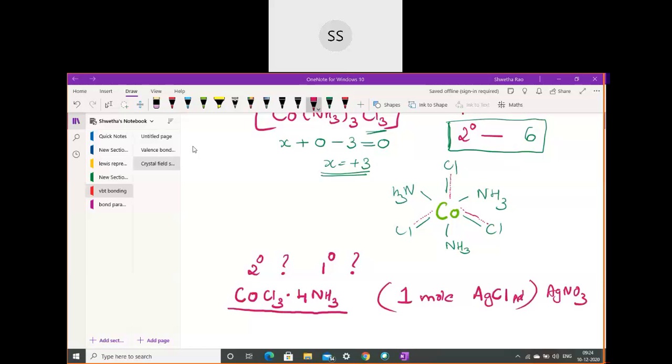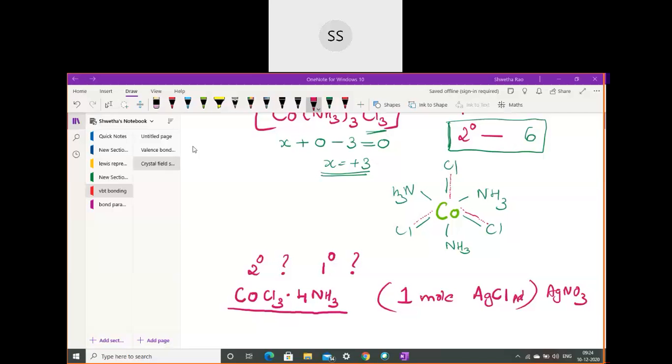Complex is this, that is CoCl3·4NH3, in which 1 mole of AgCl is precipitated when it was reacted with AgNO3. So you have to tell me what is the secondary and the primary valency in this case, students. Think a little bit and give me the answer.